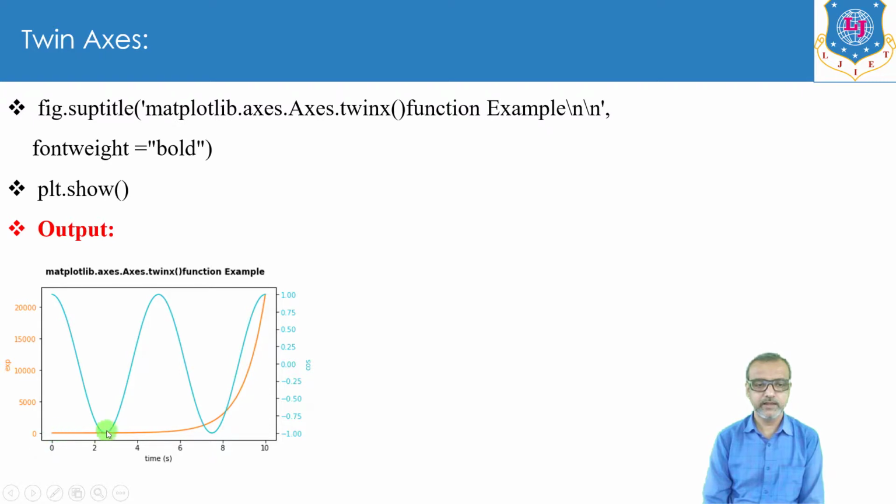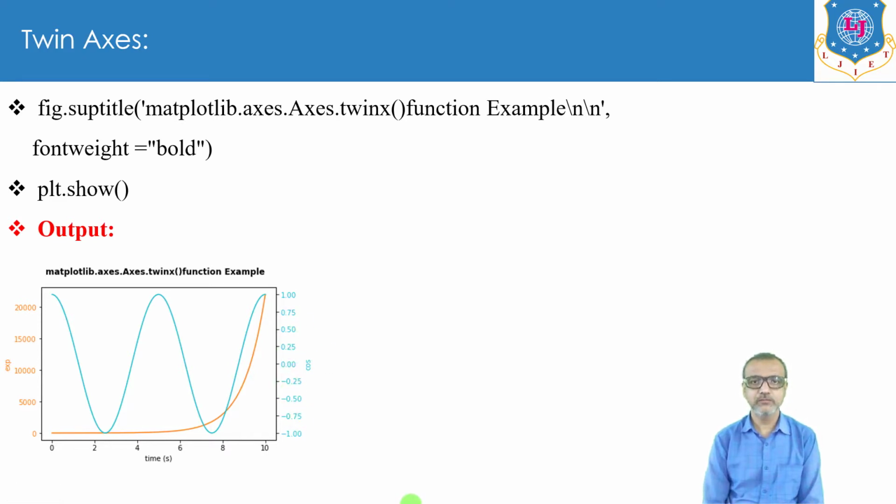This is an exponential curve. This is a cosine curve. This is the y label exp on the y-axis for the exponential curve, and these are its parameters. And this is the y-axis for the cosine curve, this is the cos y label, and these are its parameters.